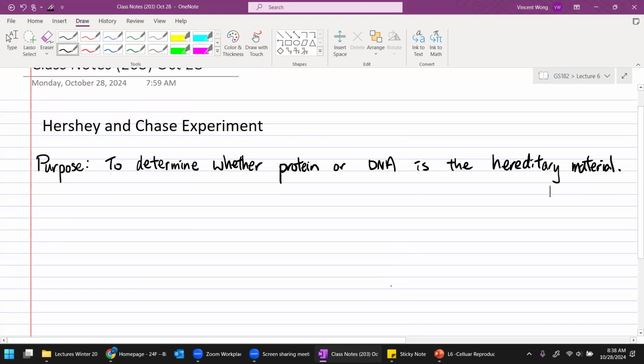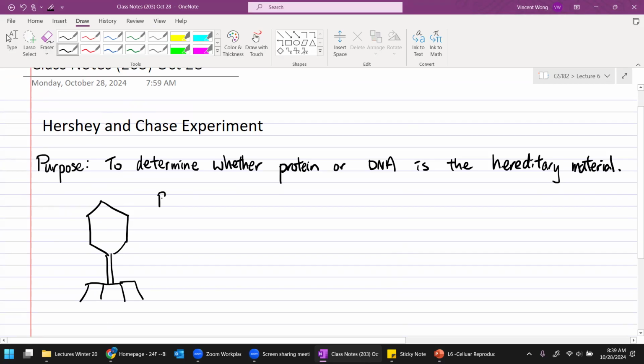So in their experiment, they used a type of virus called the bacteriophage. So I'm just going to draw a bacteriophage for you. I showed you a picture of them earlier, right? So they actually do look like this.